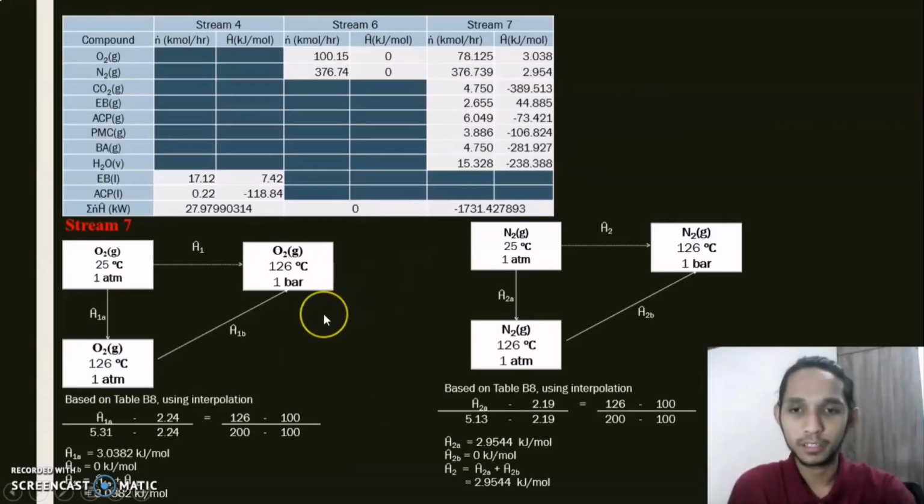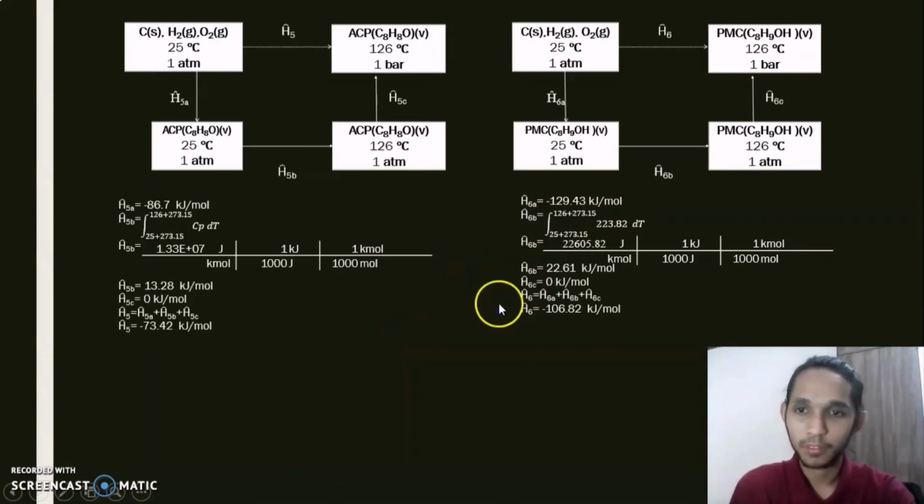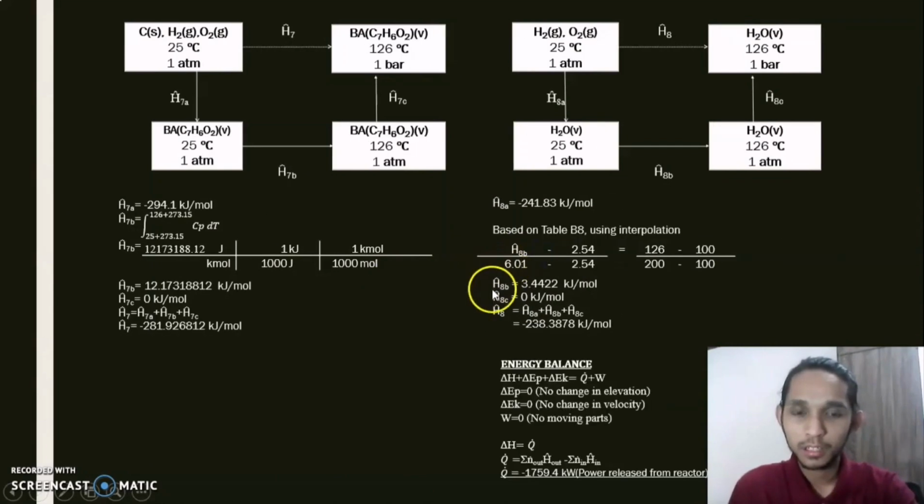For stream 7, we use several methods because stream 7 consists of a lot of compounds. The first method we use is interpolation from table B8. We can find H1, H2, H3, and then for H4B, we use the CPDT formula. Then we get H7 and also H8.